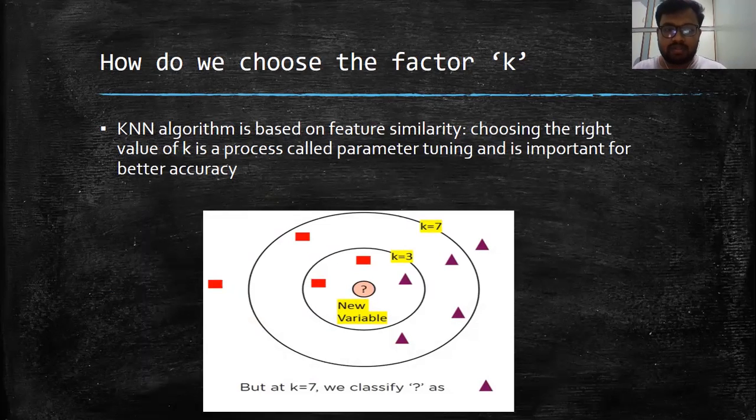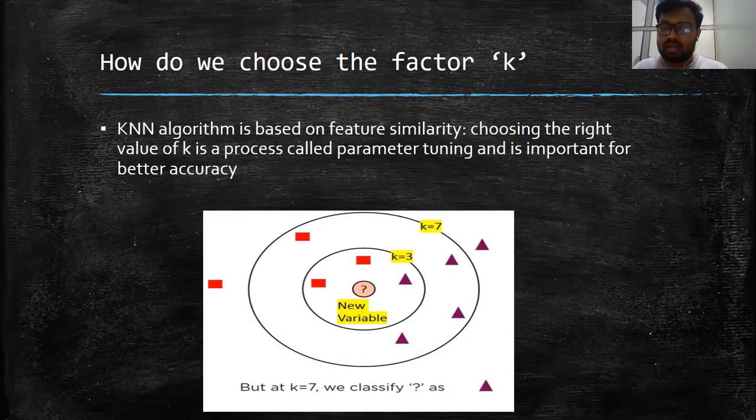As you can see in this picture, we are given squares and triangles. When you take K equal to 3, in the first circle you can see that two squares and one triangle are given. The new variable which we are asked to classify is obviously square, because squares are in majority.